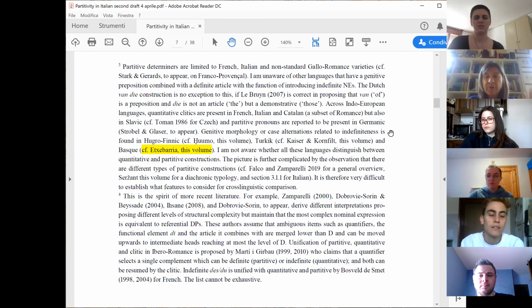"Non mangio di questi biscotti." "Ich esse von diesen Keksen nichts oder keine." No. What is important is that you don't have a quantifier like "nichts," but just, or "lui solo fa di queste cose," meaning things, horrible things like these.